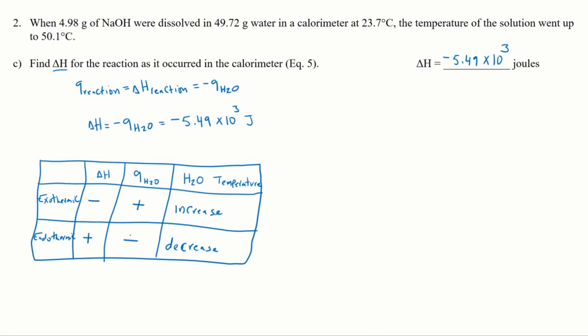It's endothermic. So the value of Q will be negative, and because water is losing energy, its temperature will decrease. And if we have a positive Q for exothermic, then delta H will be negative. And if we have a negative Q for endothermic, then delta H will be positive.